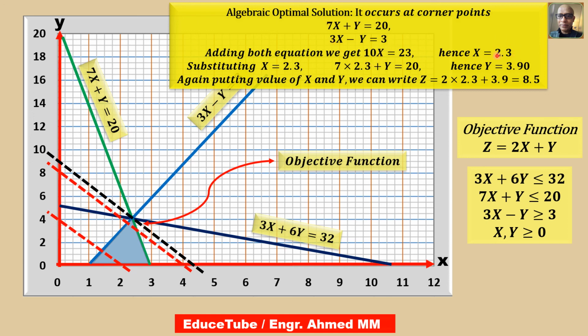So x equal to 2.3. Now if we put this x value in this equation, 7 into 2.3 plus y, we get 20 equal to 20. So easily we find y equal to 3.90. So we know now this point is 2.3, 3.90. This point.